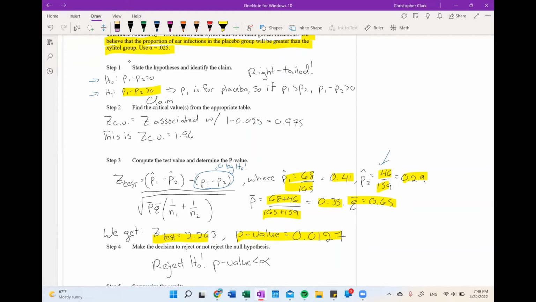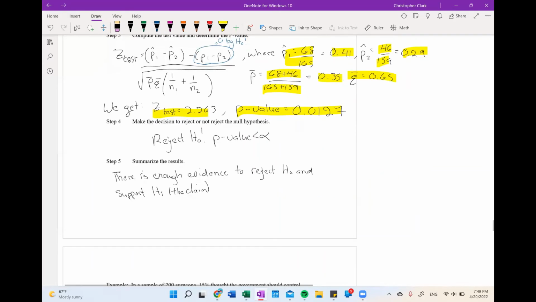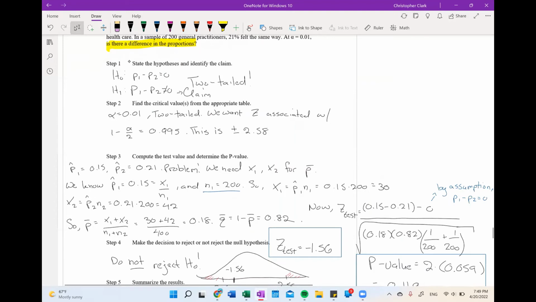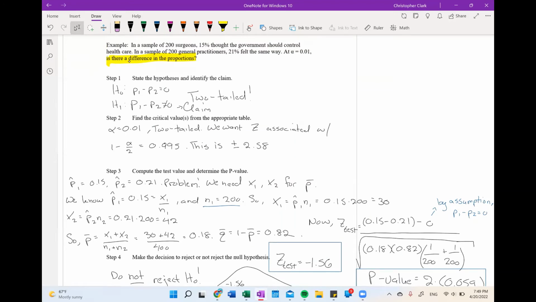But in this example, we actually have the opposite, where we don't have the x's, so we can't calculate p bar, so we have to solve for the x's, which we do right here. So again, that's just about the same kind of thing. They just threw us a curveball by not giving us the x's.